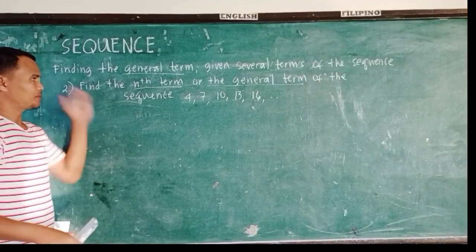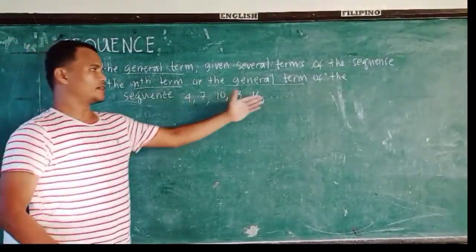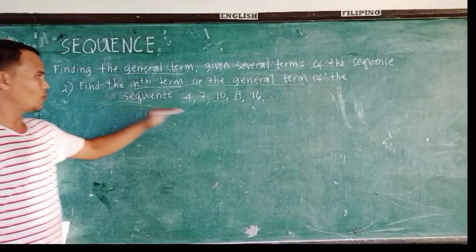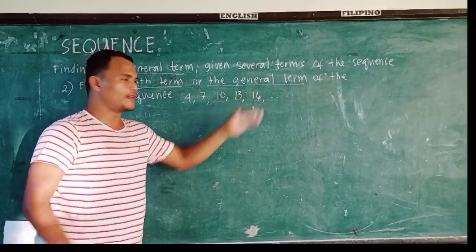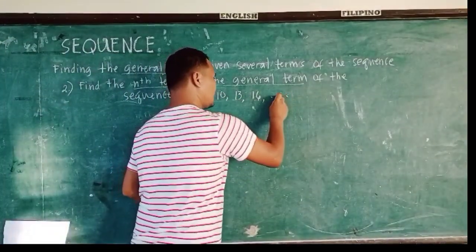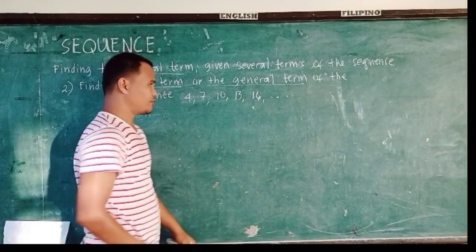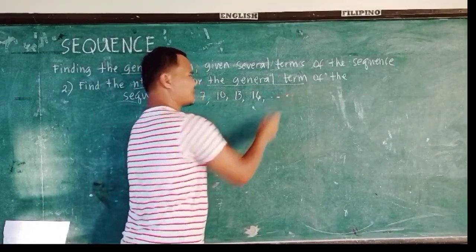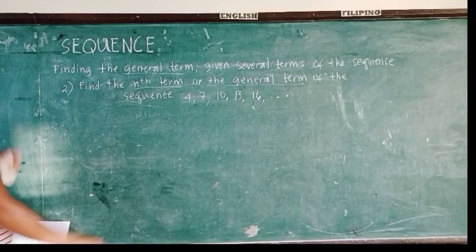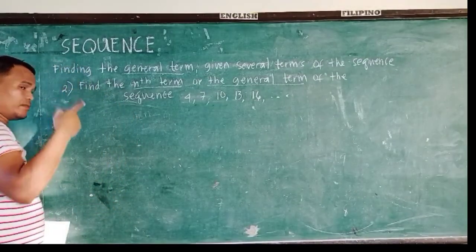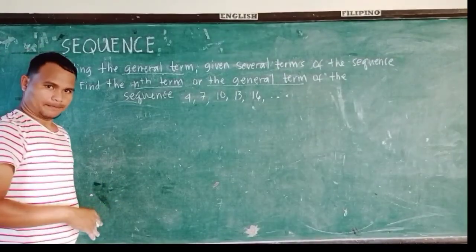Another example, number 2. Find the n term or general term of the sequence 4, 7, 10, 13, 16, and so on. This sequence is an example of infinite sequence because of this ellipsis here. So, again, we must observe the pattern.